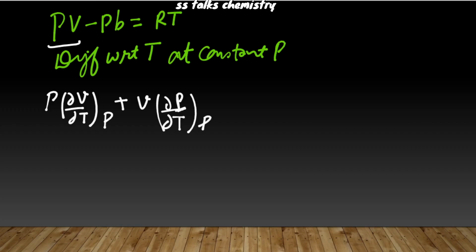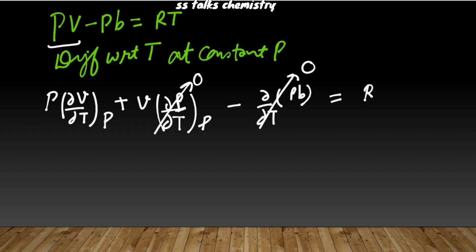So now pressure here is constant, so this term will be 0 in this case, right? Now similarly, P and B, these both are constants only. So if I do the differentiation of this PB with respect to temperature, this again is going to be 0 only. This is equal to R into del T by del T at constant pressure.